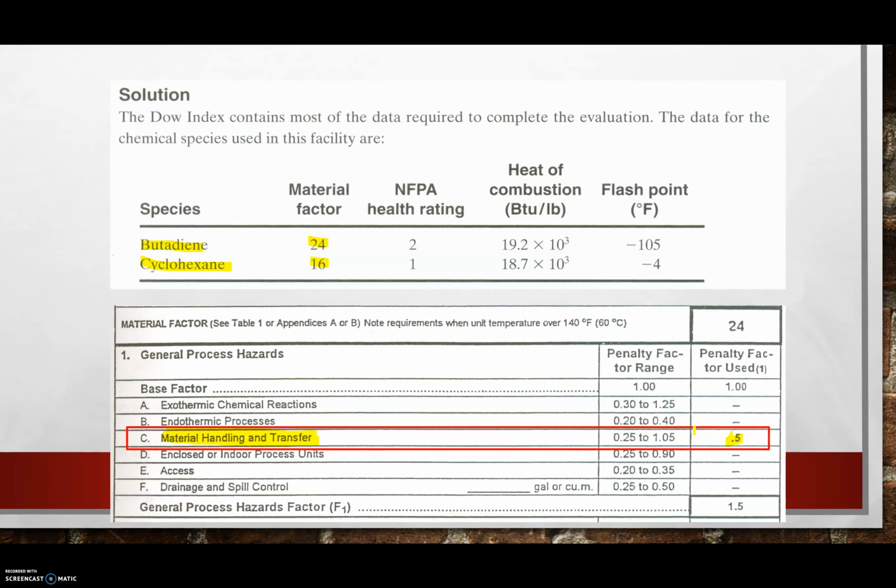Okay, that's the important thing about the survey, because a survey means you are in the plant, you look at what the process is, you look at how they handle or transfer this chemical, so you can give the penalty factors based on the situation. So they give 0.5 from the range 0.25 until 1.05. It means it is in the middle.